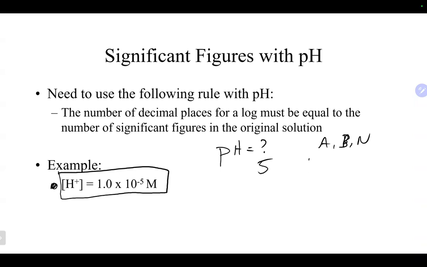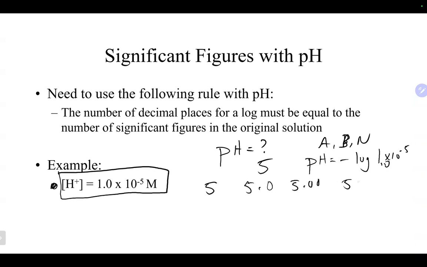So once again, that is negative log and then 1 times 10 to the minus 5 here. Put it in our calculator there, 1.0. Now, the answer should be 5. Should it be 5.0? Should it be 5.00?